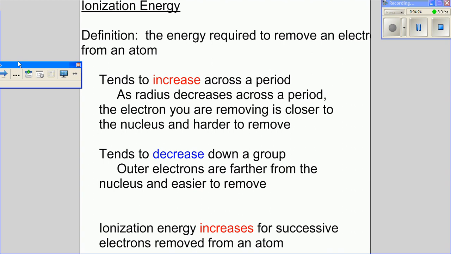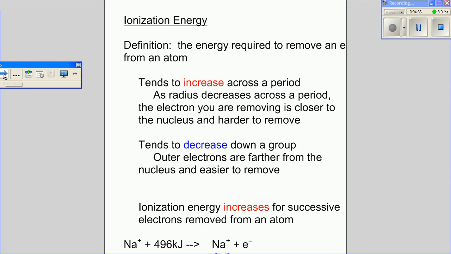The more electrons that you remove from an atom, that is going to give you an increased amount of ionization energy that is required. For example, if I remove one electron from a sodium atom to make it positively charged, then I have 496 kilojoules of energy that's required to pull that one away.